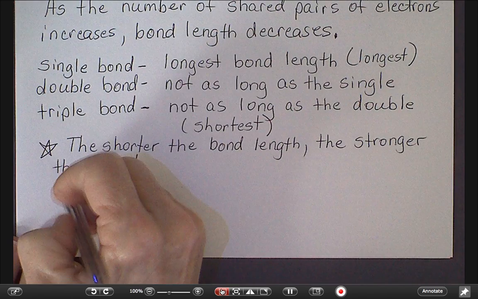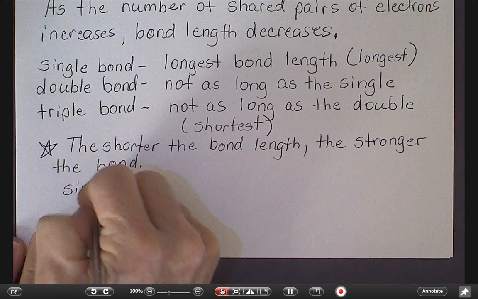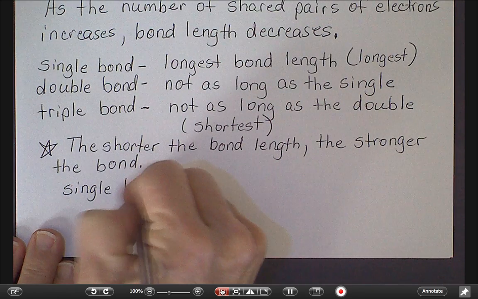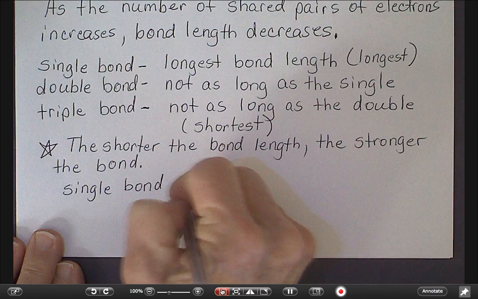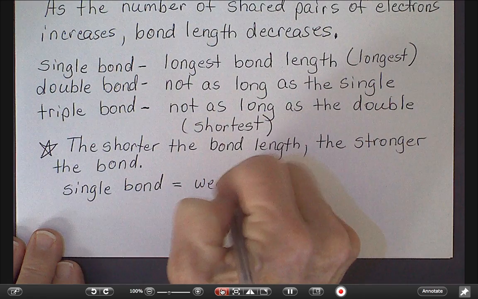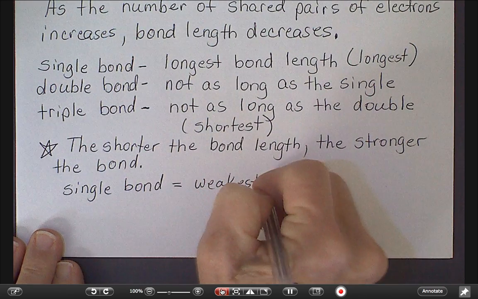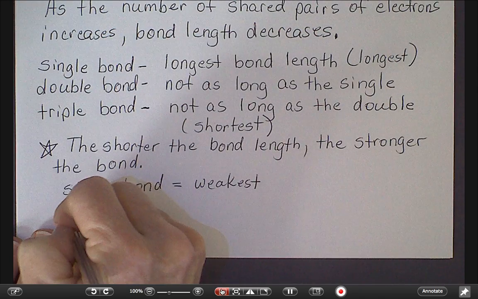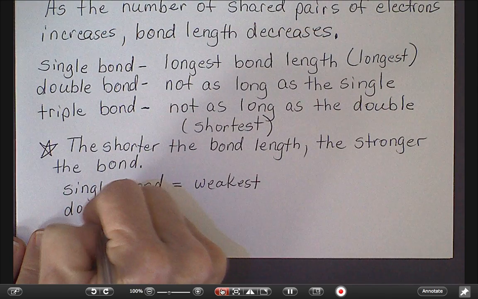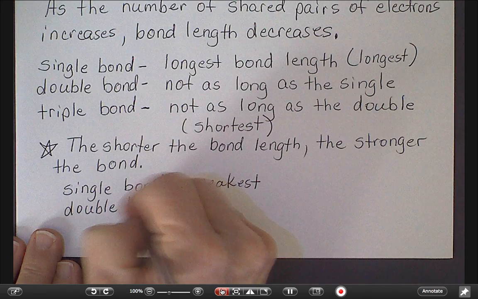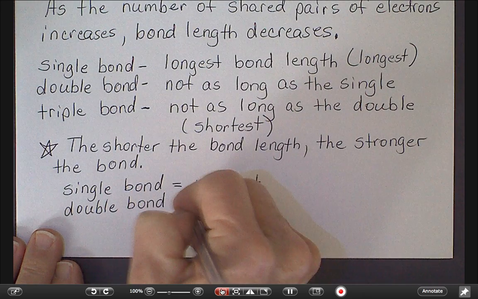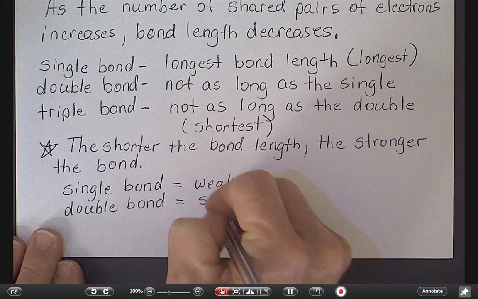Absolutely. So the single bond equals the weakest. The double is in the middle. Stronger than single.